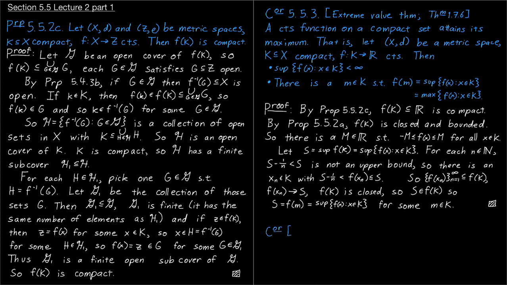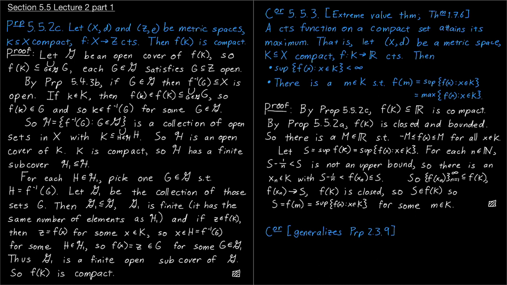This generalizes proposition 2.3.9, at least in some cases. Proposition 2.3.9 says that if you've got a continuous function defined on an interval, maybe open, maybe closed, maybe half open, maybe bounded, maybe unbounded, then its inverse must also be continuous.